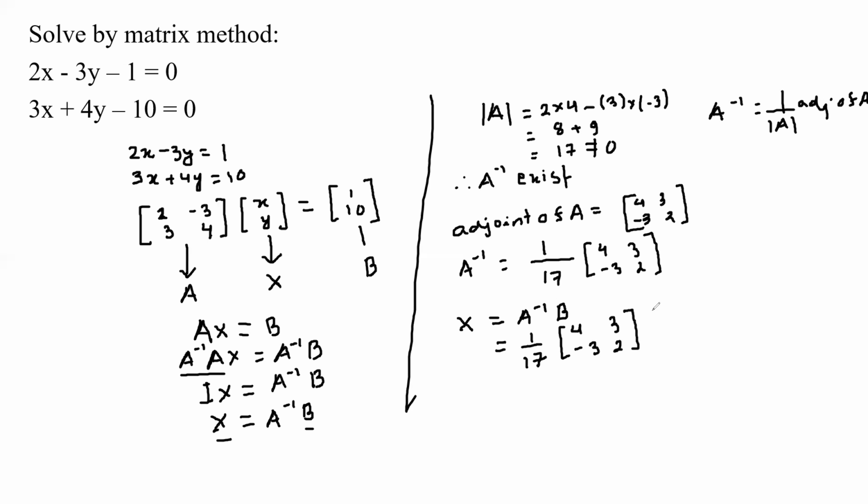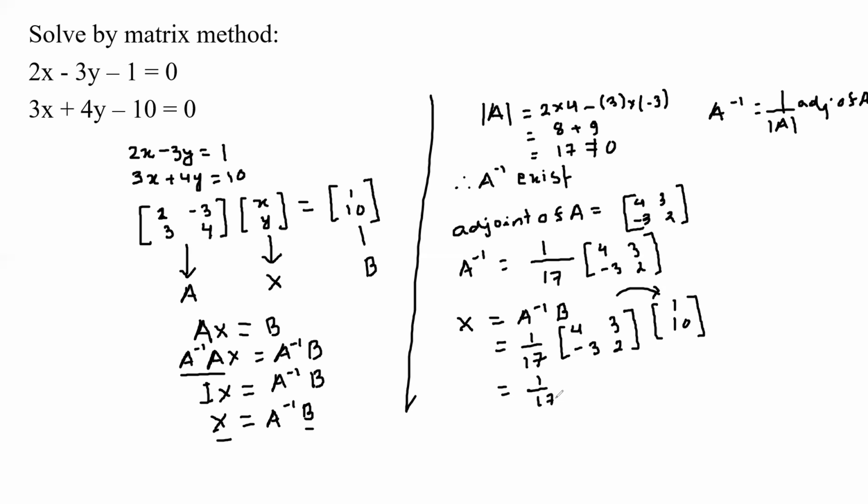And what is the B matrix? It is 1 and 10. Now we can multiply these two matrices, and you know how to multiply this. So let's multiply these two matrices here.